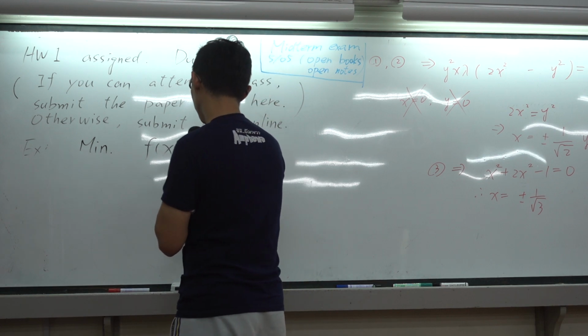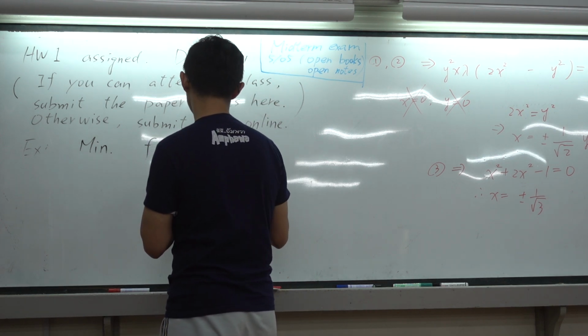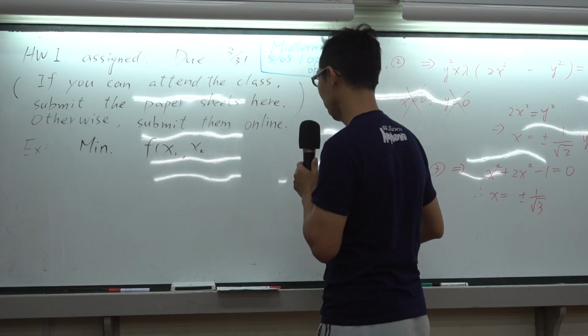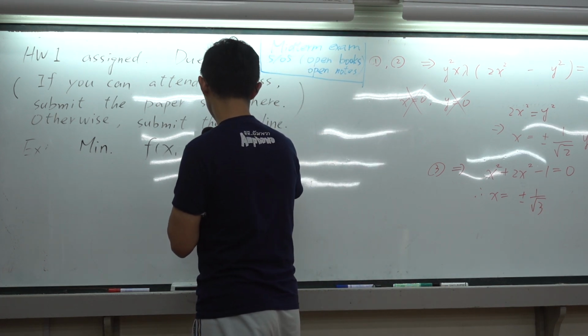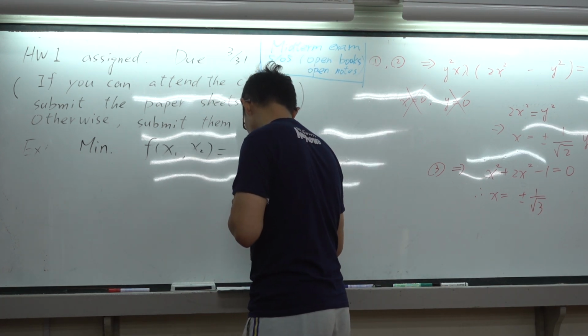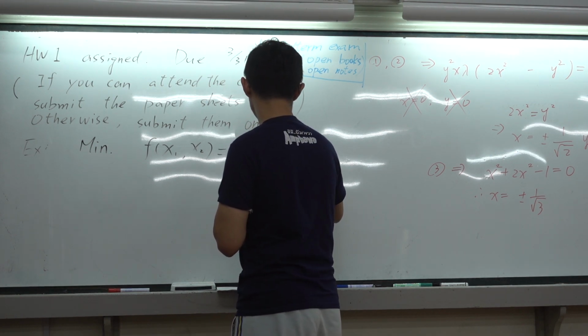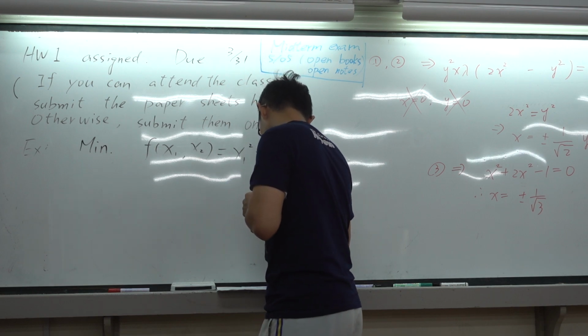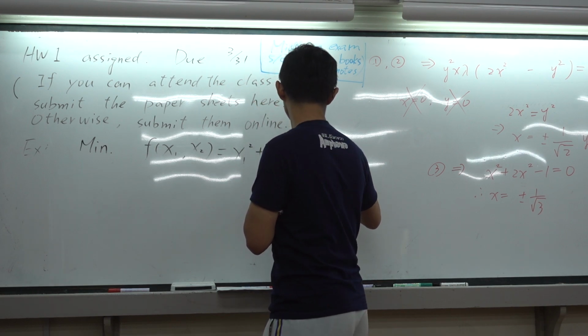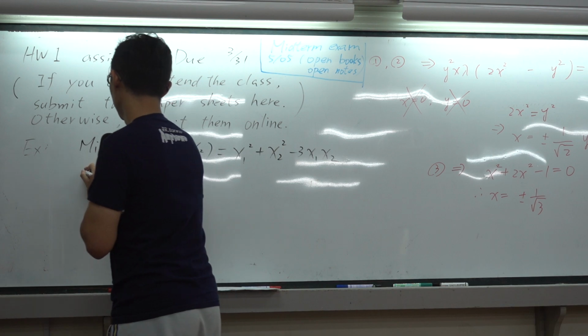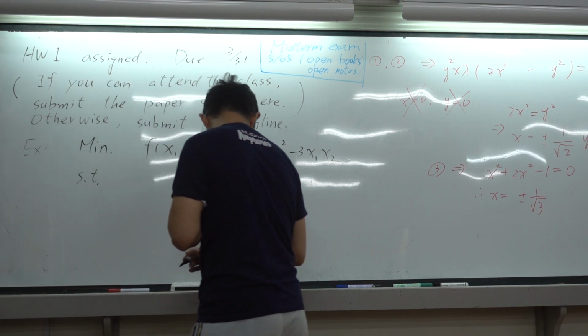Okay, now I think I'll use x1, x2, because I don't want you guys to get confused. Okay, so f of x1, x2 equals x1 squared plus x2 squared minus 3x1x2, subject to the constraint.